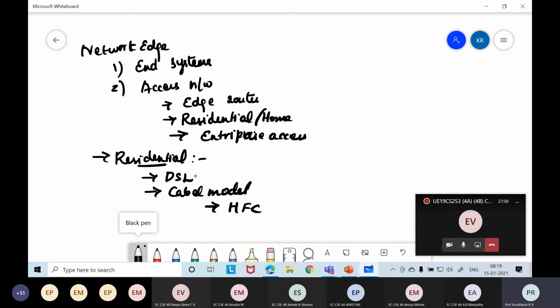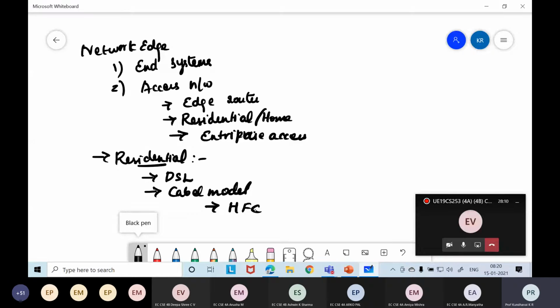So in DSL, it's just a different kind of physical medium. In cable, here you will have a cable modem as well as a CMTS, the cable modem termination system. I am not able to recollect that name.